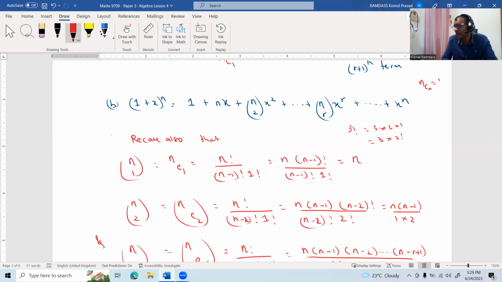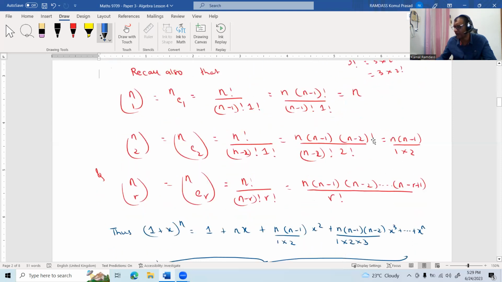À cause de ça, on est capable de dire que n factorial is equal to n fois n minus 1 factorial. Et divided by n minus 1 factorial, 1 factorial, et ça de là coupé, on gagne n. nC1 is equal to n. Ça aussi, c'est une connaissance qu'on connaît déjà.